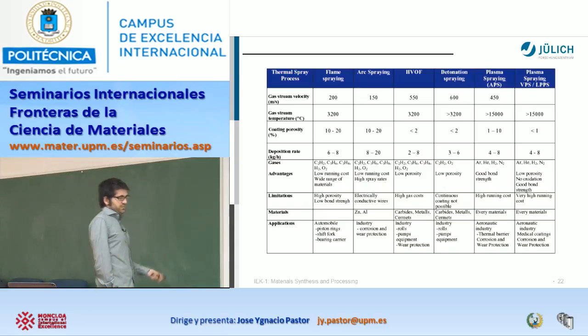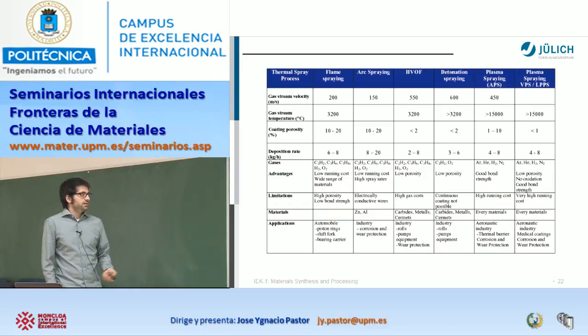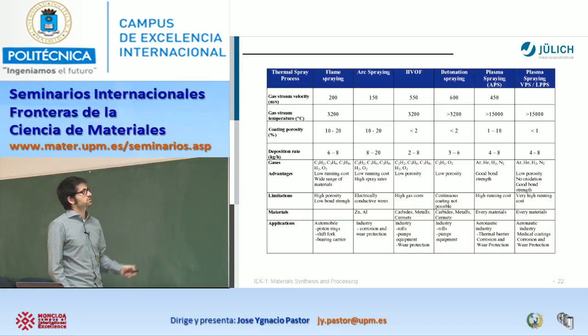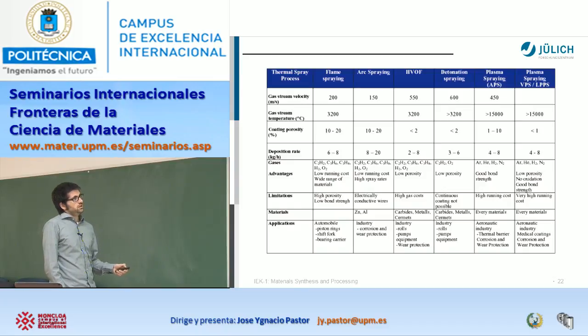But okay, well, many techniques, and as you see, they are mainly based on the same idea. You have high temperature, introduce your powder, and go with that. But the two critical factors, as I told you, the velocity and the temperature, depend on your particles and the characteristic that you want, for example, in your coating.